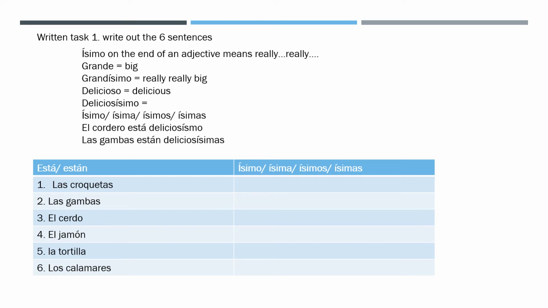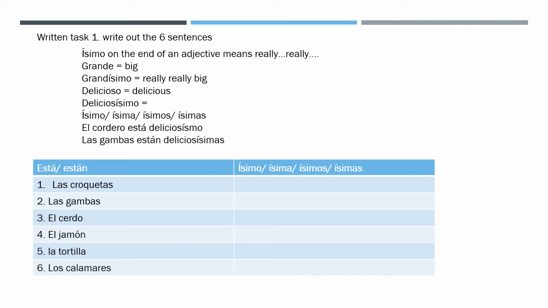But if it was feminine, like chuleta, a chop, you're eating a chop, una chuleta, it will be deliciosísima. Equally, if it's plural, so if it's more than one, so you might be talking about the squid, los calamares, the squids, deliciosísimos.